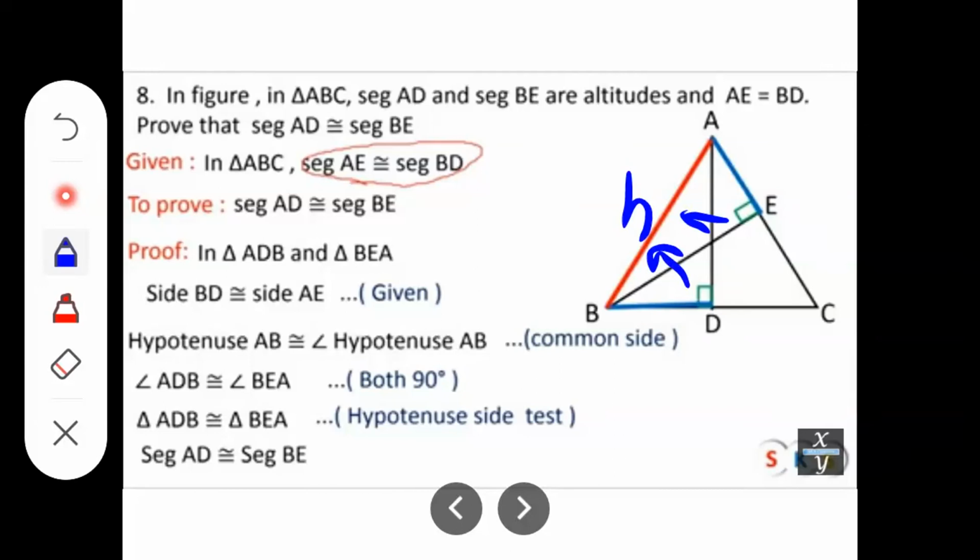And the side AE is given equal to BD. See here, that is already given. AE equal to BD is given. So by using those facts, we can show both the triangles congruent to each other.